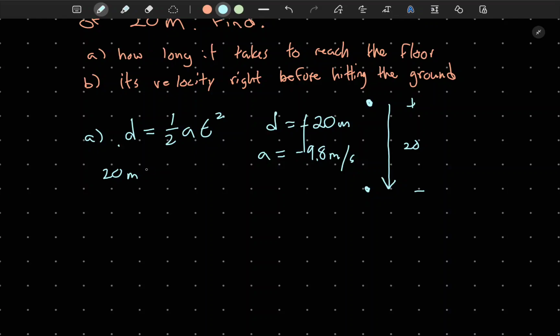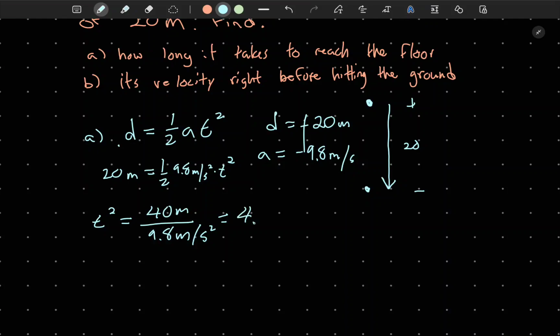So we get 20 meters is equal to 1/2 times 9.8 meters per second squared times t squared. Solving for t squared, we get 40 meters divided by 9.8 meters per second squared. If we use the calculator real quick, 40 divided by 9.8 gives 4.082 seconds squared.